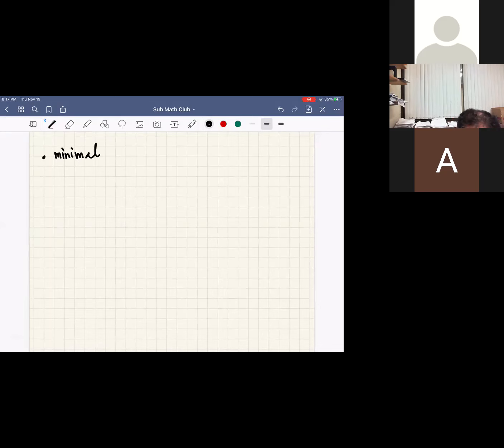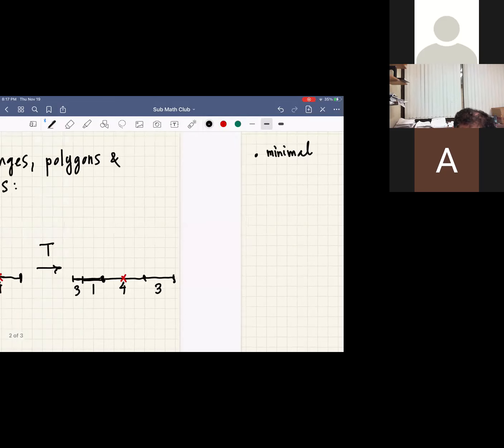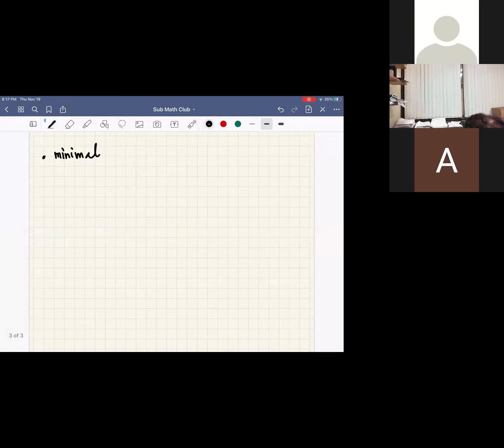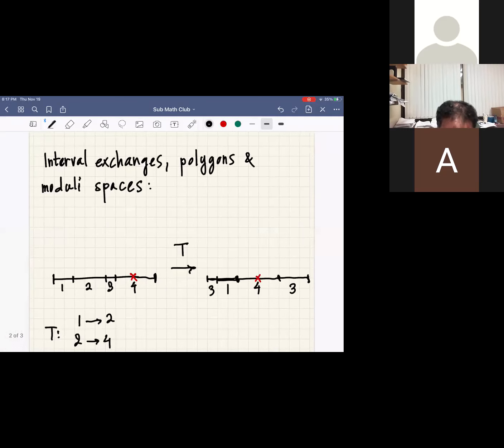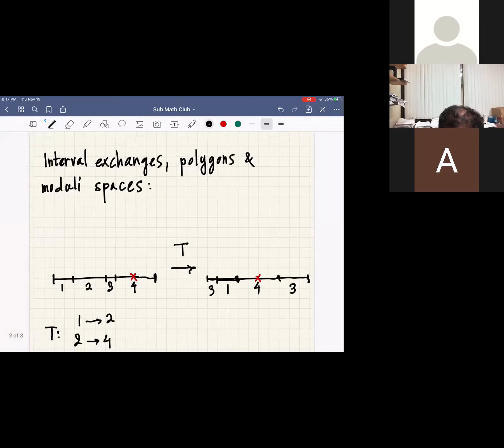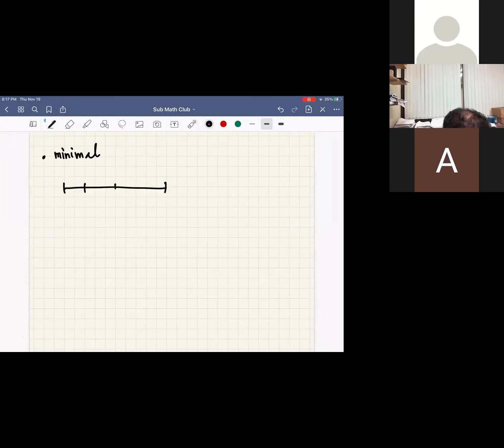Let me again draw my interval. It looks like this, going all the way here, with the sub-intervals this and this. So this was my interval and its division.